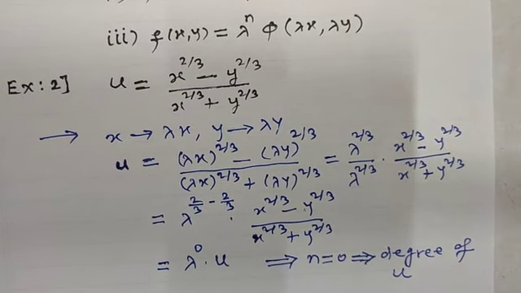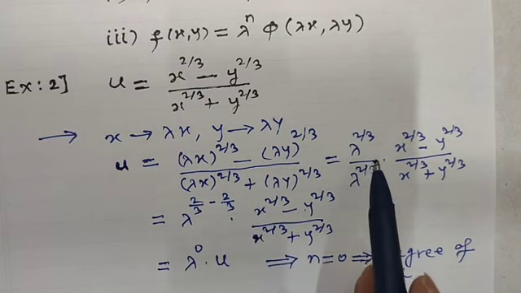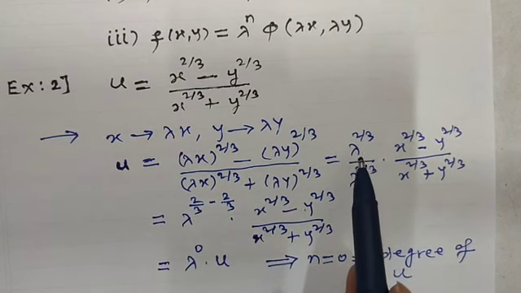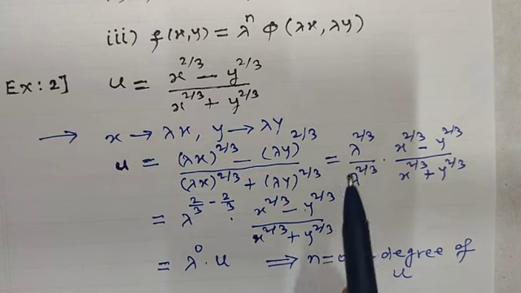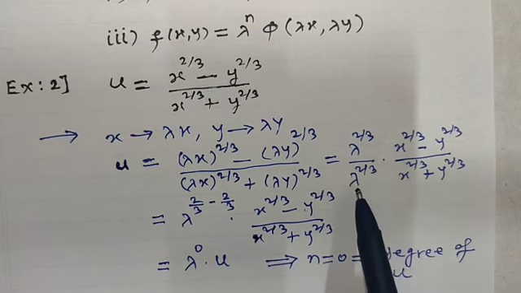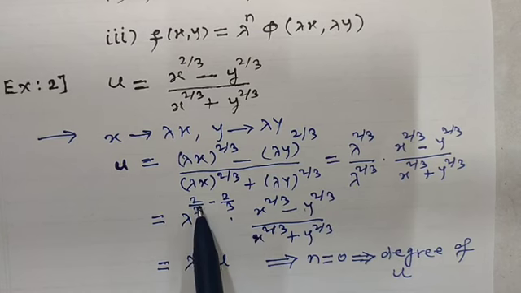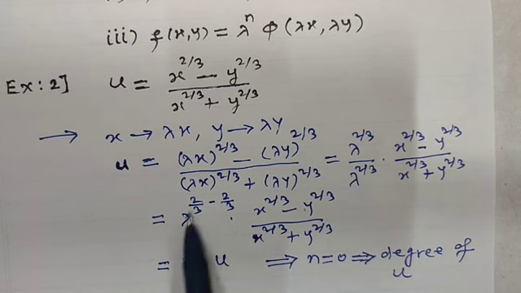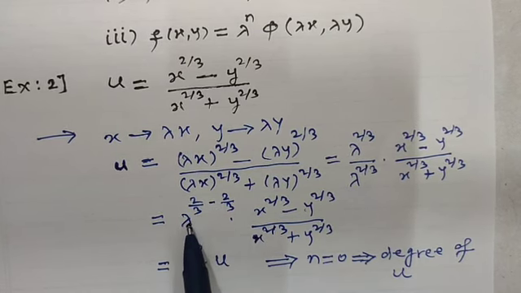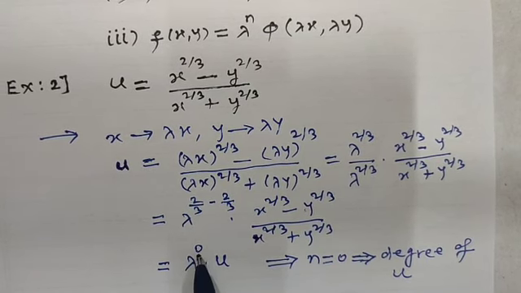This is very simple example, replacing x by lambda x and y by lambda y, and take the operation on powers of lambda. Okay, taking lambda to the power whatever may be power, you can take common from numerator as well as common from denominator, and then like this, lambda to the power 2 by 3 minus 2 by 3, whatever may be the power of lambda, and it is expressed in the form of lambda to the power n into given function as it is.